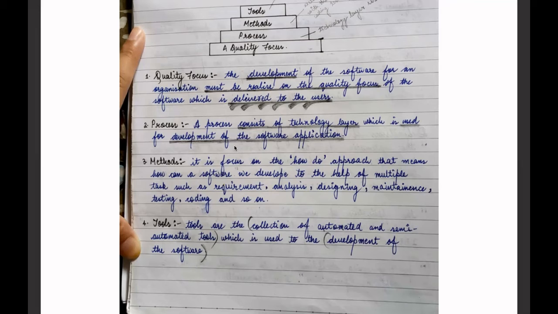A layered technology explains the four layers of a process which we use to develop a software product. A software product is concerned with the overall development of software, and software approaches are used to define or develop a software product.